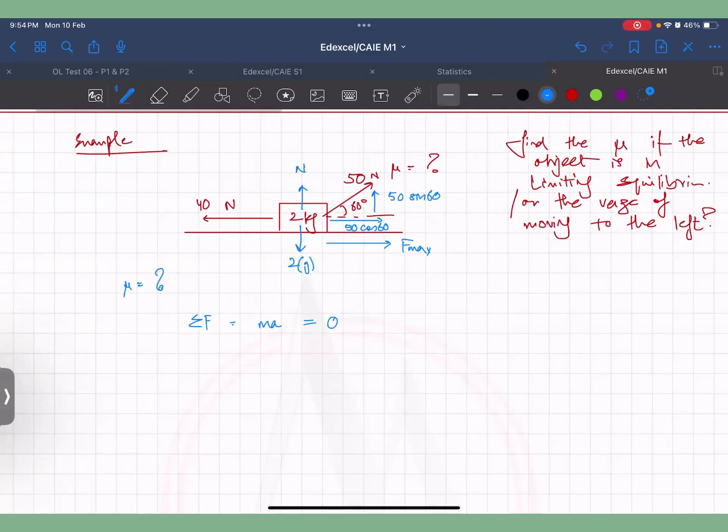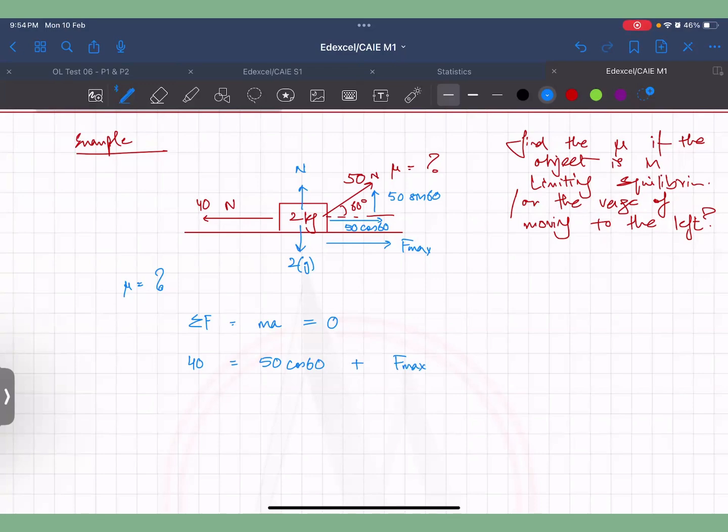Horizontally, there is a force of 40 Newton pushing it to the left, and no other force on the left. There are two forces on the right side: 50 cos 60 plus the force of friction, F max.